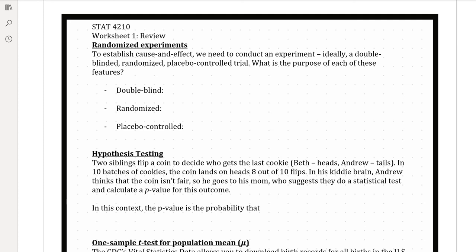So a double-blind study is something like we would often see in a pharmaceutical study or something that we would see in animal trials or something like that. A double-blind study controls expectations for both participants as well as the researcher.